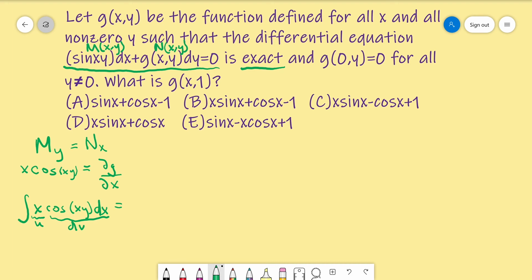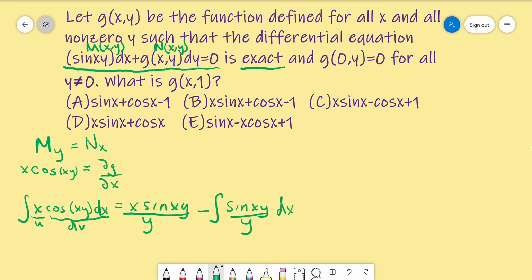So we know from integration by parts that the integral of u dv is equal to uv, that's x. Now what's v? v is going to be sin(xy) divided by y, minus the integral of v, again sin(xy) divided by y, du. Well, what's du? du is just going to be dx.